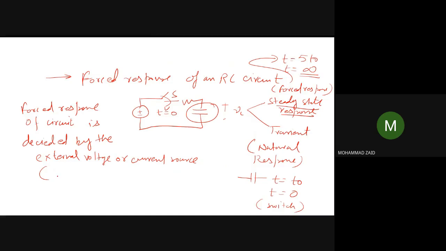So the forced response or steady state response, the circuit initial conditions have no role to play. This kind of response is also known as forced response or steady state response or zero state response. So what do you mean by zero state response?